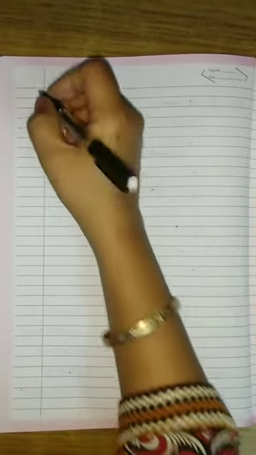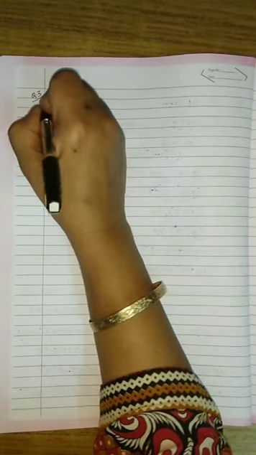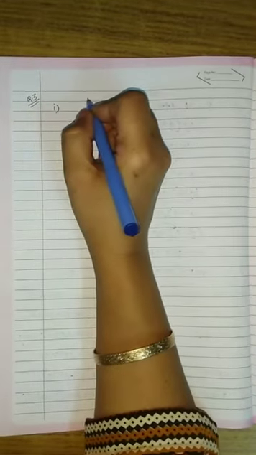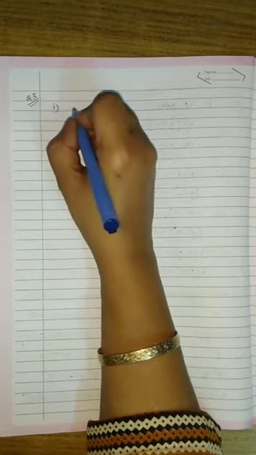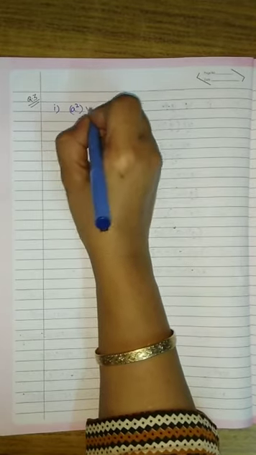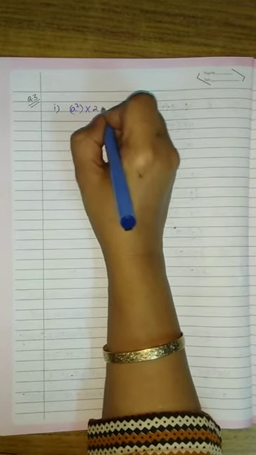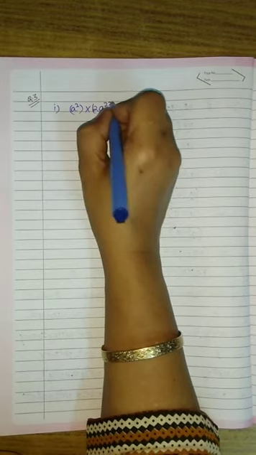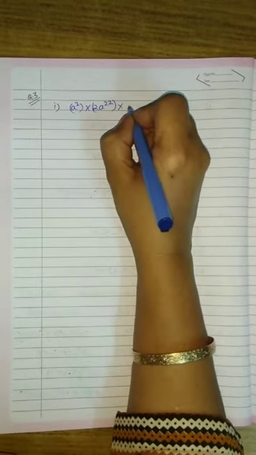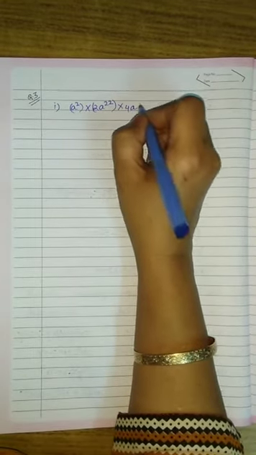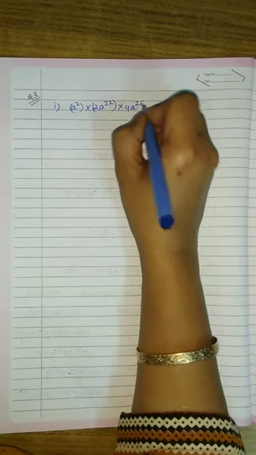Now students, I am moving to question number 3 of exercise 9.3. In question number 3, we have to find the product. The first part of question number 3 is, we have three terms, a square into 2a raised to power 22 into 4a to the power 26.